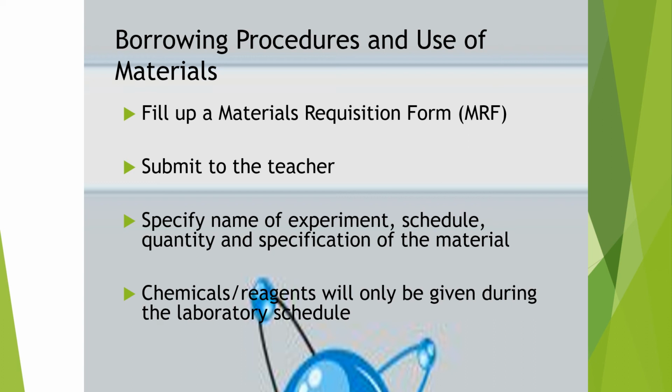If you are borrowing materials in the lab, you fill up a form and then you submit it to the teacher. You specify the name of the experiment or research, then the schedule, the quantity and specification of the materials you are borrowing or will be using in that particular experiment. And then chemicals or reagents will only be given during the laboratory schedule.